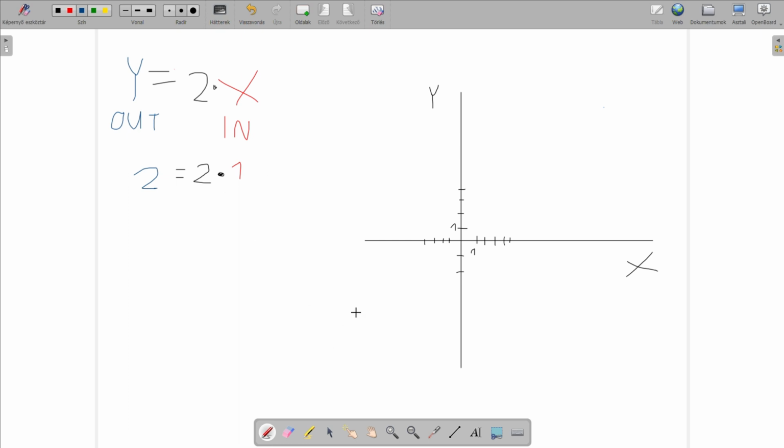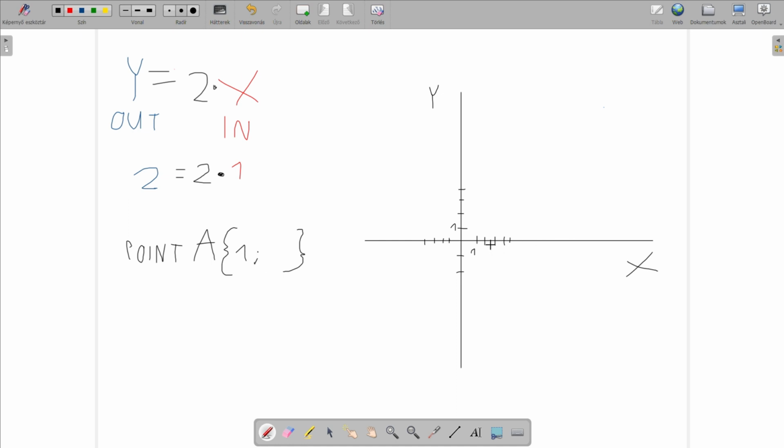And as you might see, you will get a point here. Let's call this point A. How do you get the coordinates of point A? Well, we always write the x coordinate first. What was the x coordinate? What was our input? It was 1.